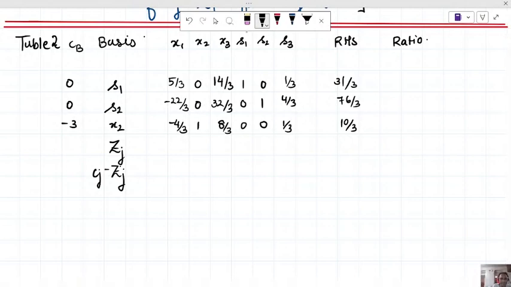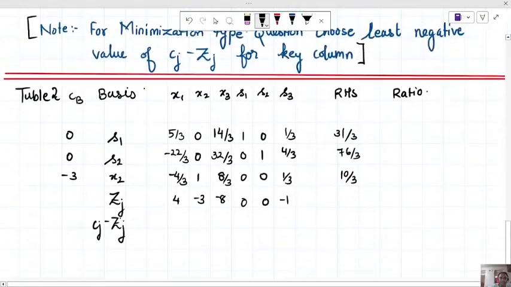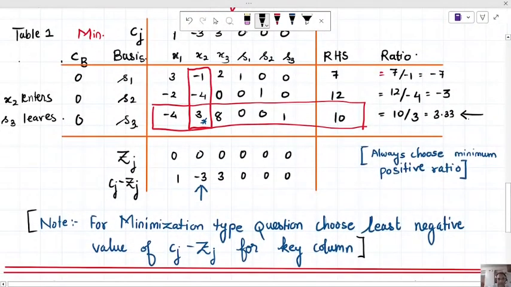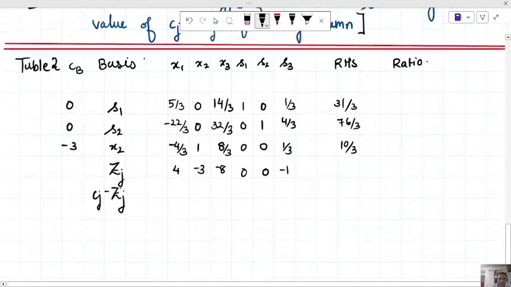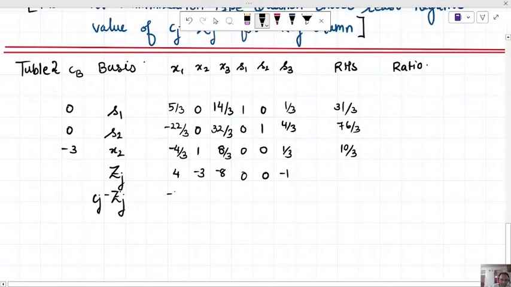So here it is 4, here it is minus 3, here it is going to be minus of 8, here it is 0, here it is 0, and here finally it will be minus 1. Okay, now Cj minus Zj, when we calculate, Cj we have already written 1 minus 4, so that is minus of 3.